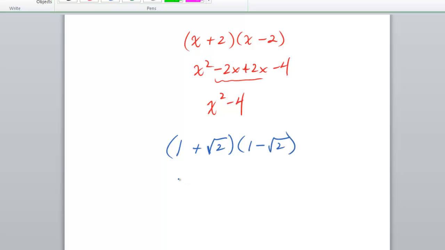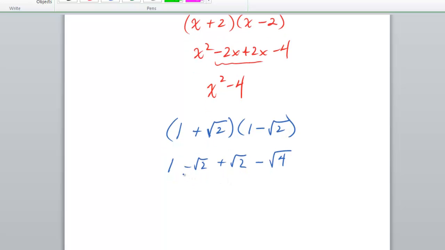When we multiplied these together, we got negative square root of 2, positive square root of 2, and then the square root of 4. Of course, again, this middle term is canceling out, leaving us 1 minus the square root of 4, which we know is 2, and we would end up with simply a negative 1. The process has eliminated the radical.